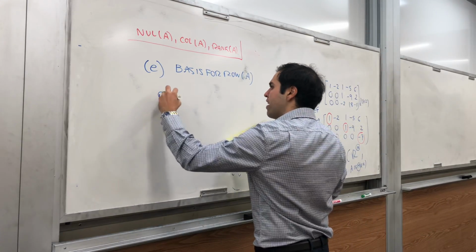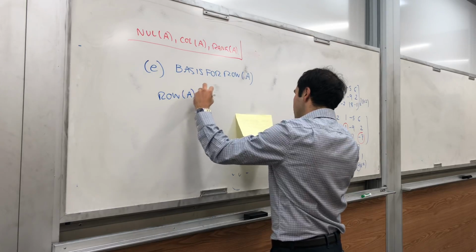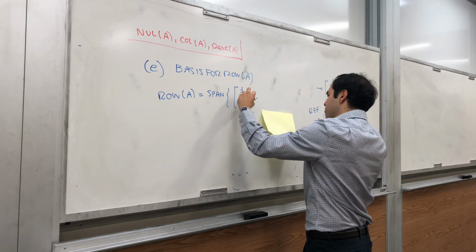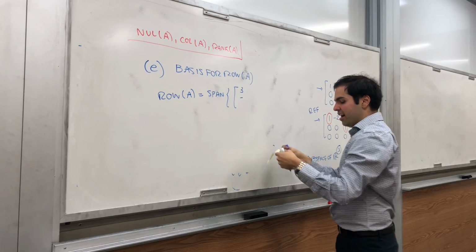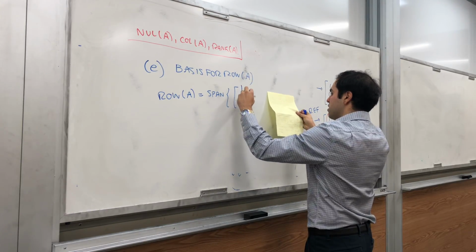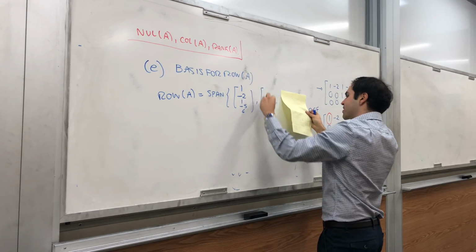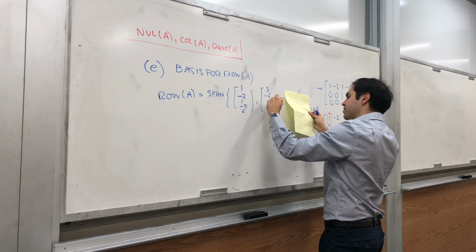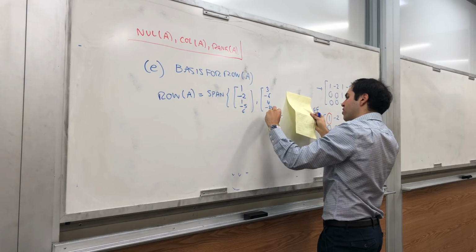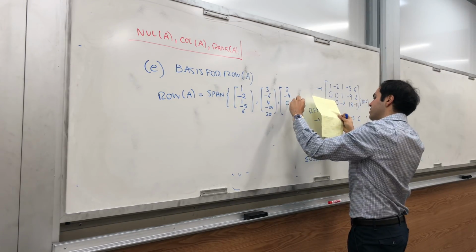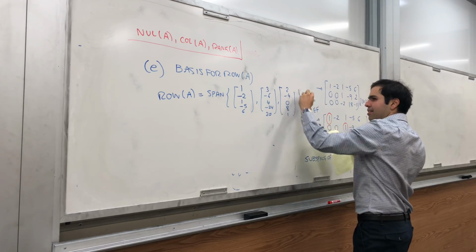So here, row of A would be the span of, sorry, wrong matrix, sorry. (1, -2, 1, -5, 6), (3, -6, 4, -24, 20), and (2, -4, 0, 8, 1).